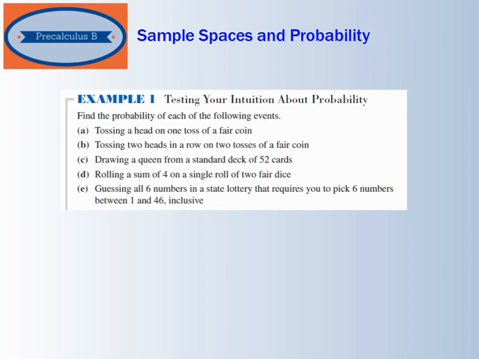Or rolling a sum of 4 on a single roll of 2 fair 6-sided dice? What about guessing all 6 numbers in a state lottery that requires you to pick 6 numbers between 1 and 46, inclusive? Go ahead and try to determine these probabilities. And when you're ready, unpause your video, and we'll go over the answers to these probability questions.